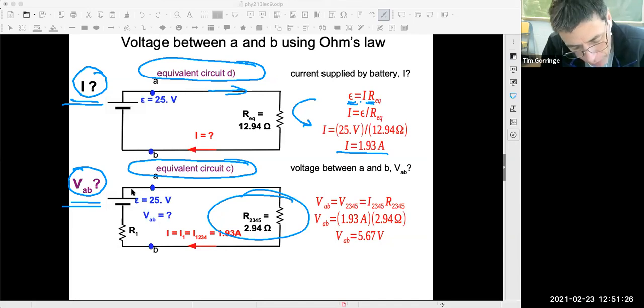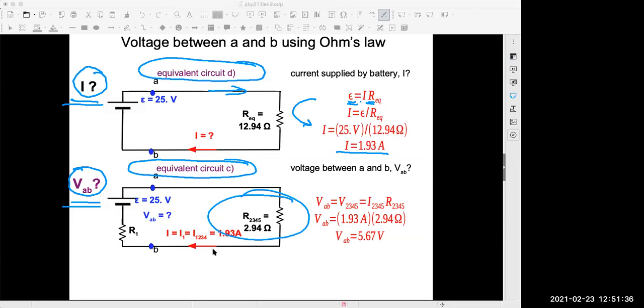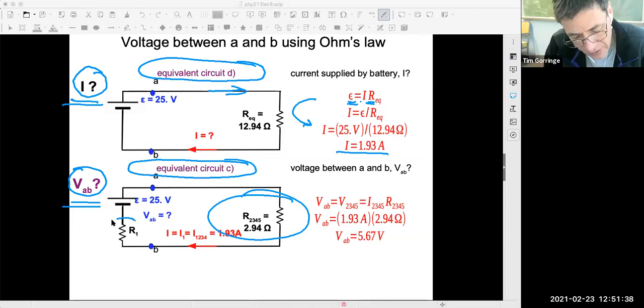And that means that 1.9 amps is flowing around this equivalent series circuit. This equivalent series circuit contains the individual resistor R1 and that equivalent resistor of resistors 2, 3, 4, and 5. Now, we know 1.93 amps comes out of the battery.